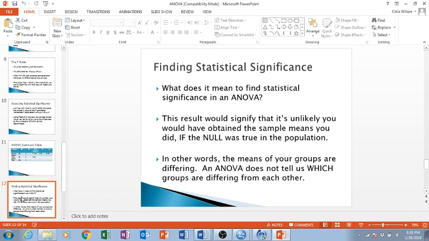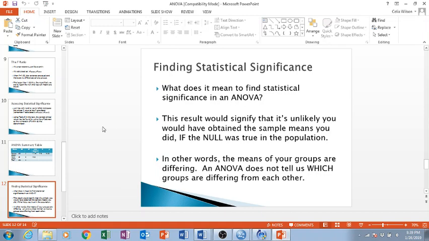So what does it mean to find statistical significance in ANOVA? Same thing as it's meant before for the other test. The result would signify that it's unlikely you would have obtained the sample means you did if the null was true. In other words, the means of your groups are differing. But just like before with the independent samples t-test, ANOVA does not tell us which groups are doing what, right?